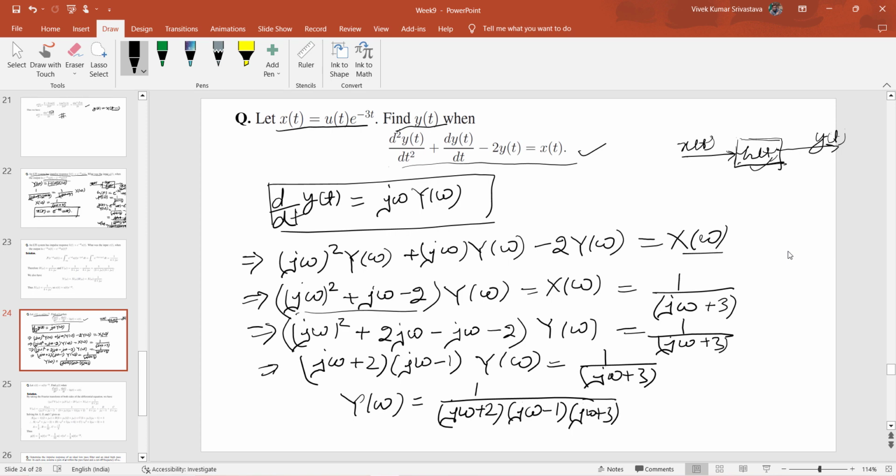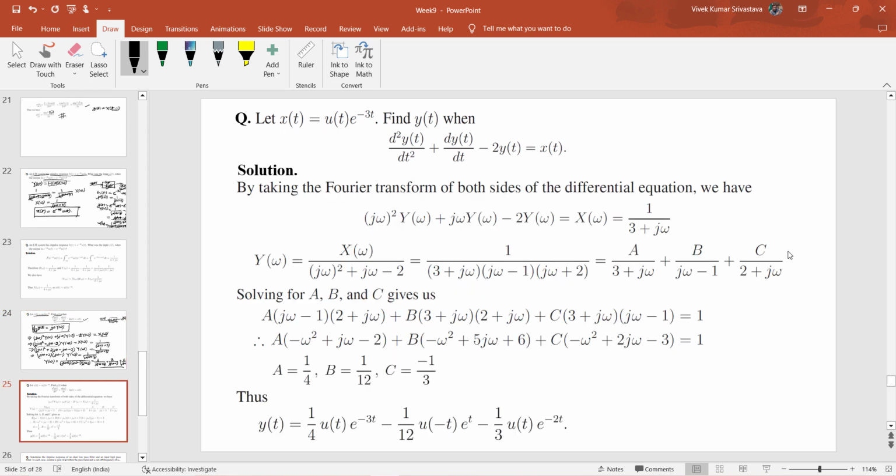Now we can use the partial fraction method. So we can write this as A/(jω+2) plus B/(jω-1) plus C/(jω+3). How to use the partial fraction method to determine these coefficients A, B, C, I've already covered in my previous lectures.